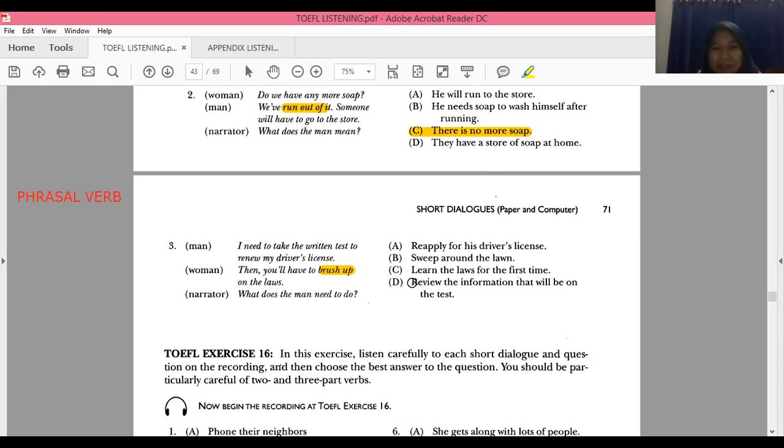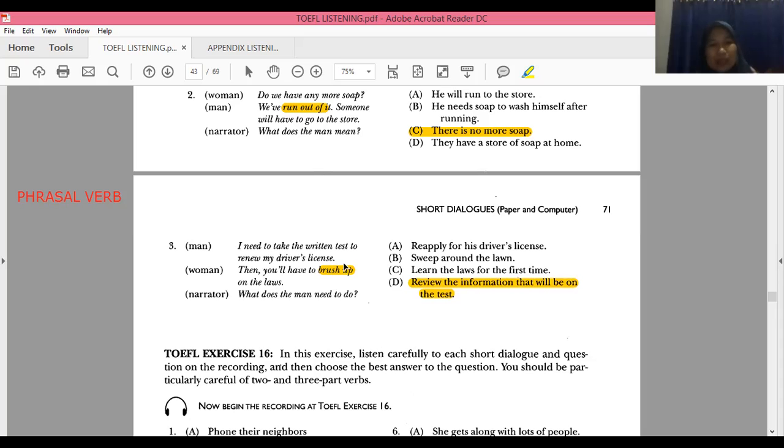Brush up means review. Mengingat kembali. If you remember, Miss Distia usually says, please brush up your material before we start. I thought I said it several times, please brush up the material. Brush up means review again. Review the information that will be on the test.